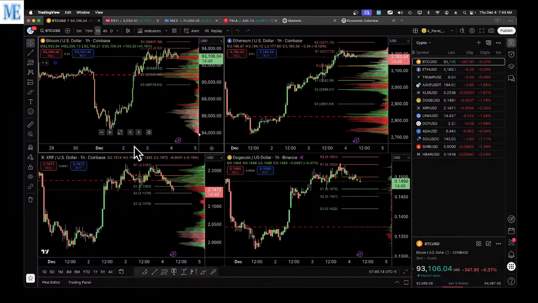So anyway, I also look at what the hell is inside. That's important, especially with these Bitcoin ETFs, because there's quite a number of them that actually don't hold physical Bitcoin. So just be aware of that.